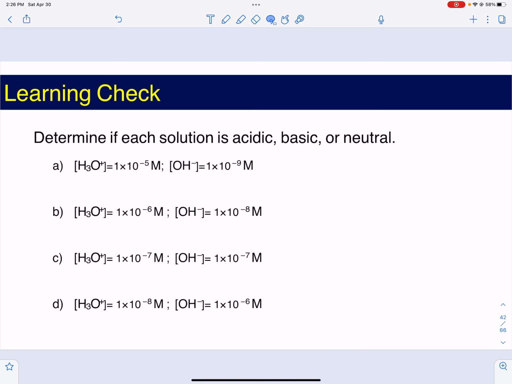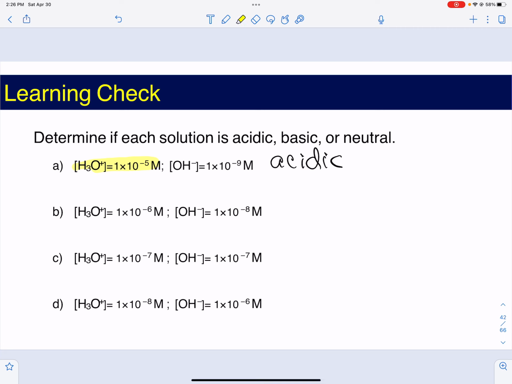So if the bigger value is hydronium, that means it's more acidic. If the bigger value is the hydroxide, that means it's more basic. If they are the same, that means they're neutral. So on the first one, the bigger value is the hydronium, so this one is acidic.